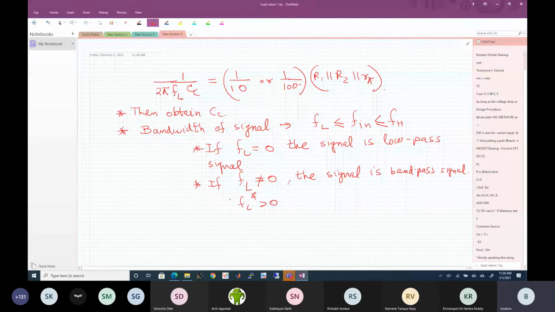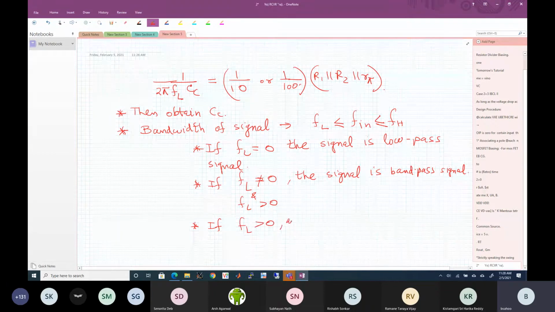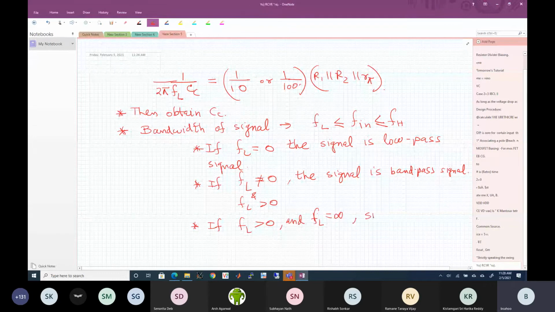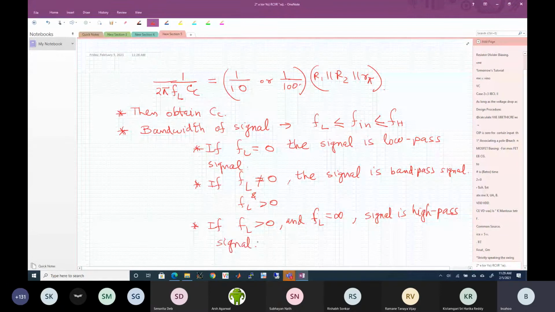If FL is greater than 0 and FH equal to infinity, the signal is a high pass signal. I just wanted to introduce this so that you know how to size the coupling capacitor.